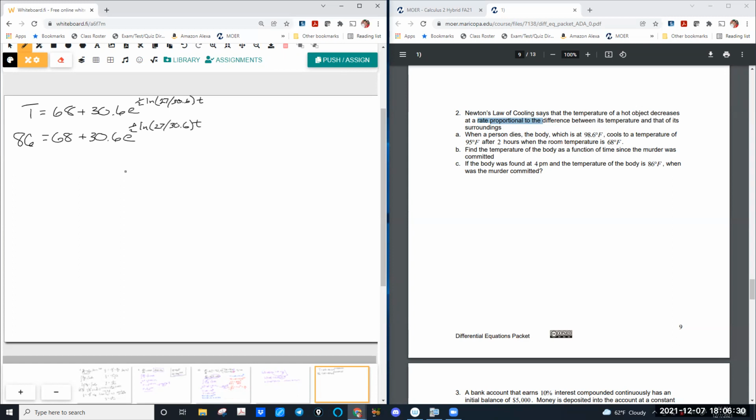So I'm not going to go through those again, but when you solve this, you're going to get that t is approximately 8.4789. And now we need to make sense of that number. What do you think the units are on the 8.4789?